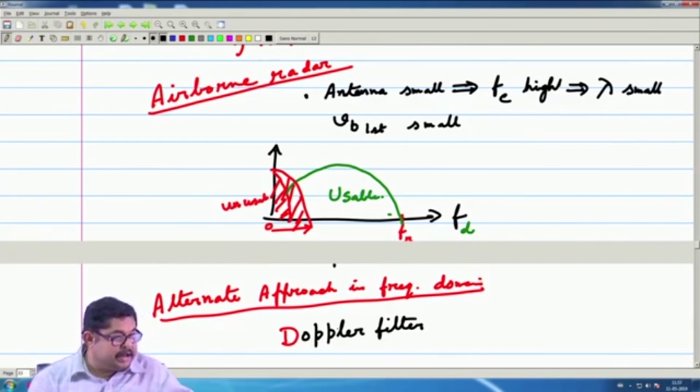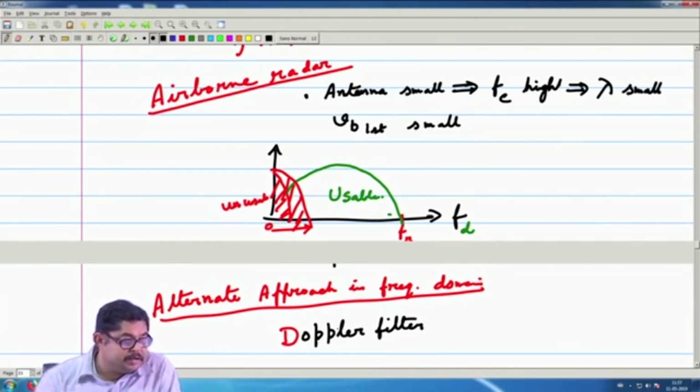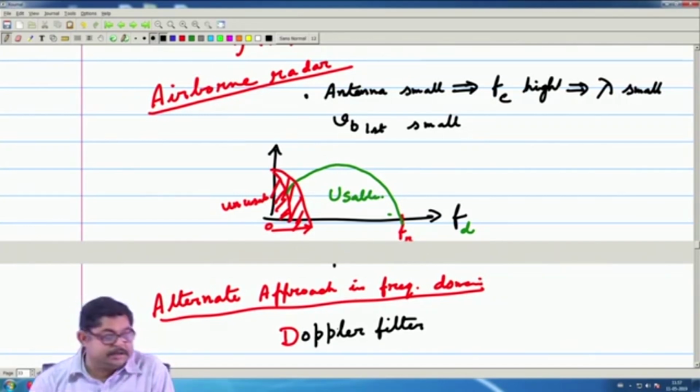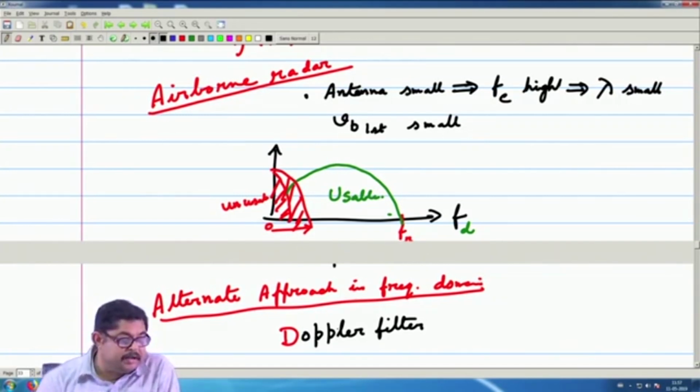But here are some problems. One problem is, please refer to the pulse radar block diagram that we have seen, where there was a phase detector.